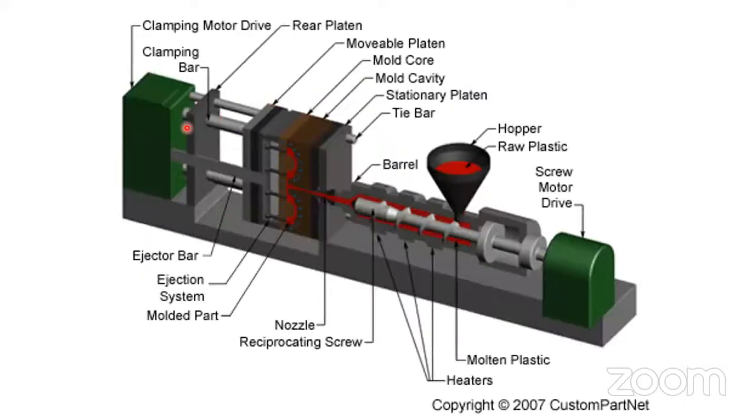See, this is the third platen. It is fixed and doesn't have movement. But this platen has movement, going forward and coming back. Now the mold is in closed condition, therefore it is the front side. When the mold opens, it will be here. And this is the rear side, the back platen.